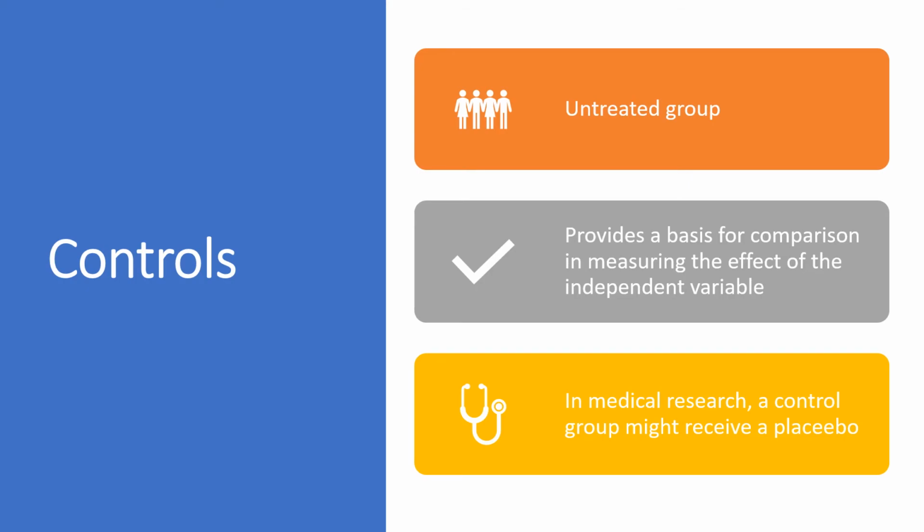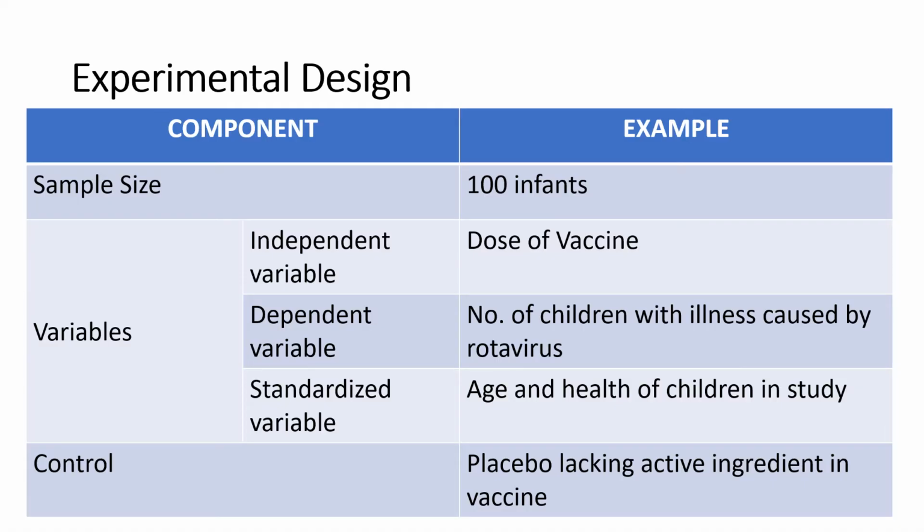Now, this table here summarizes the experiment itself. So again, the sample size is 100 infants. For the variables, what they tested is the dose of the vaccine. They tested it on the infants.